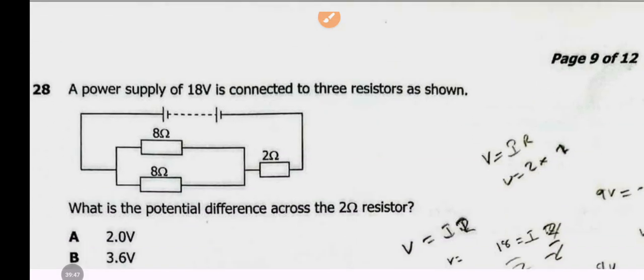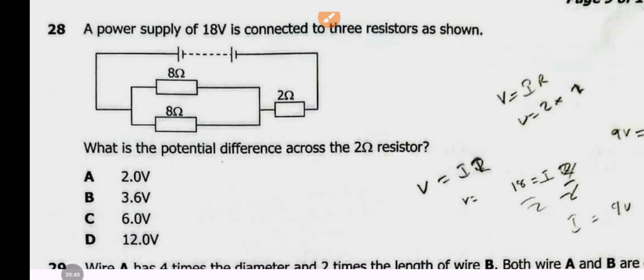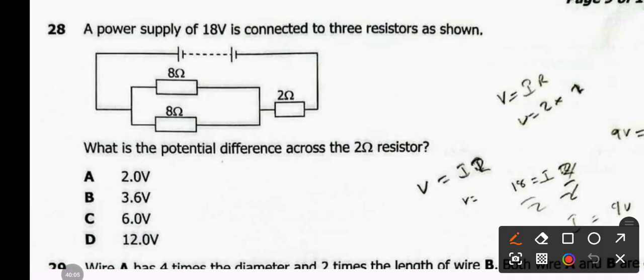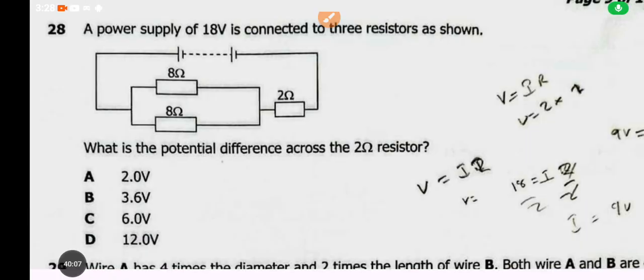Okay, now a calculation. 28. A power supply of 18 volts is connected to 3 resistors as shown. What is the potential difference across the 2 ohm resistor? We'll solve this question in 2 steps.